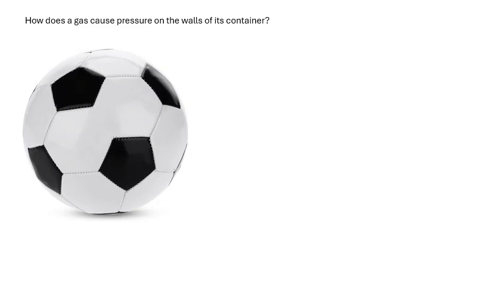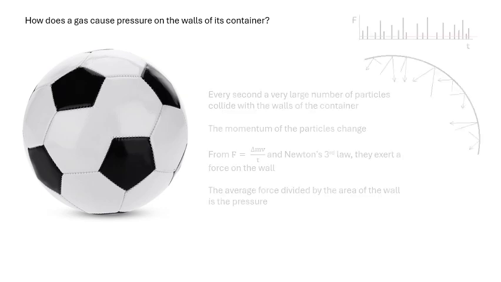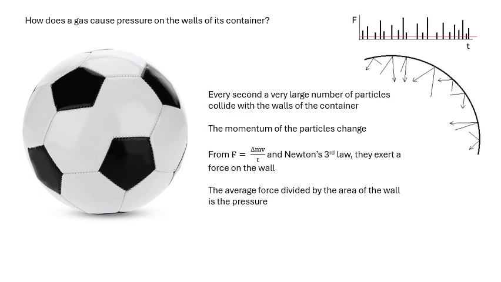So, how does a gas cause pressure on the walls of its container? And looking at this, what you should do is learn this word for word. Okay, learn this. Every second, a very large number of particles collide with the walls of the container. Look on the inside of the football there.